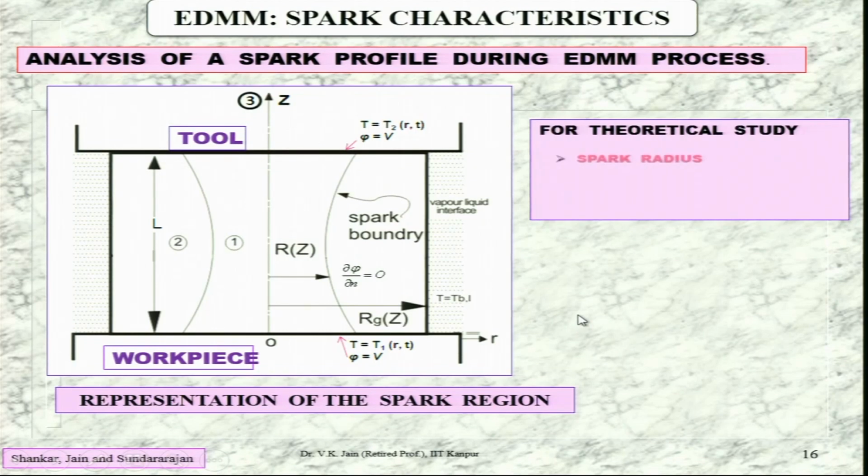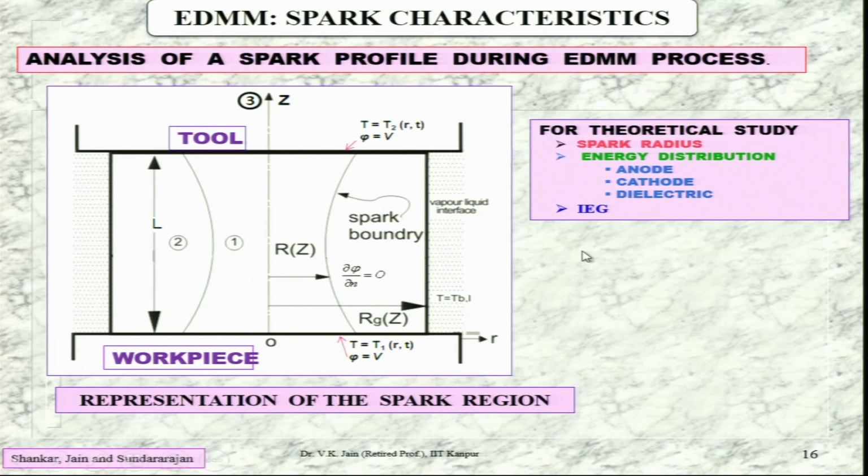For theoretical study, spark radius is needed, and energy distribution should be known: anode, cathode, dielectric. What is the energy distribution of total spark energy, how much is going to the anode, how much to the cathode, how much to the dielectric, and if radiation is considered, how much loss is there due to radiation, and then the interelectrode gap, how it is distributed.